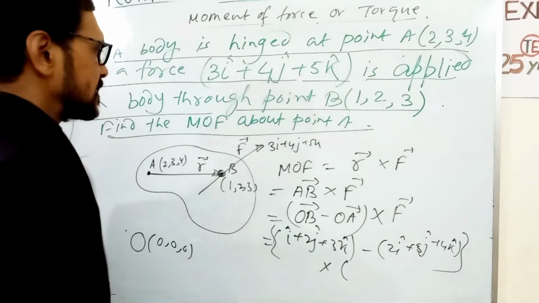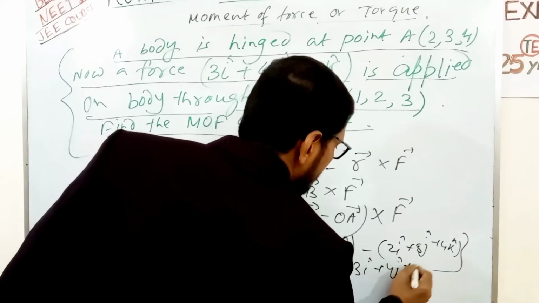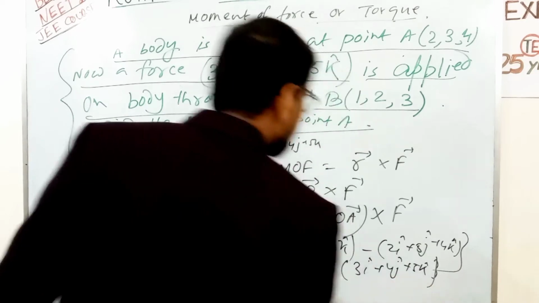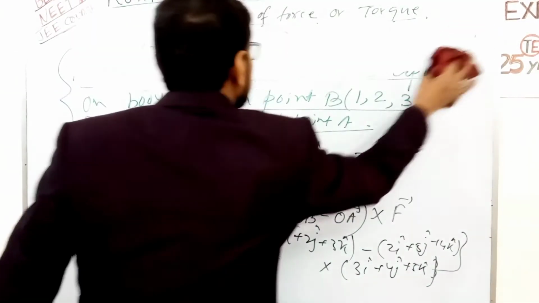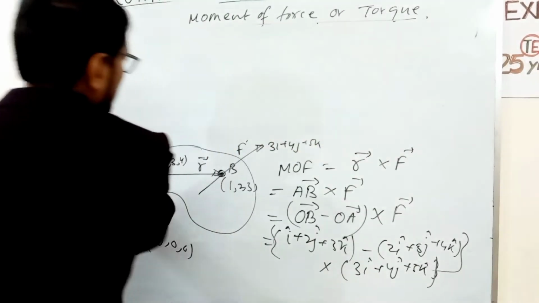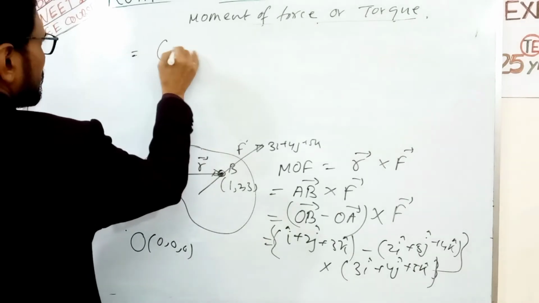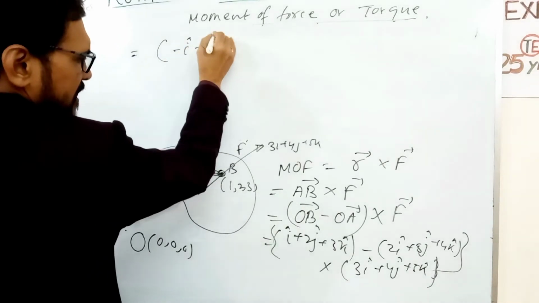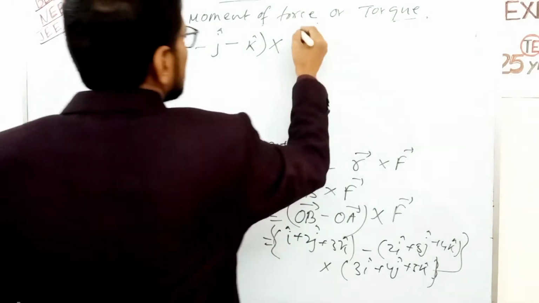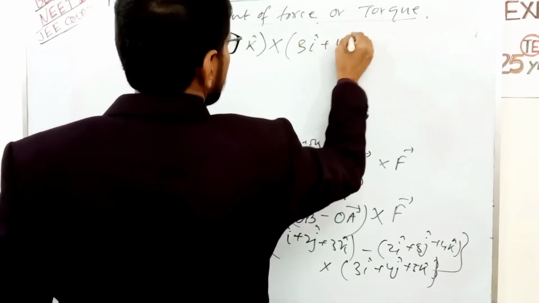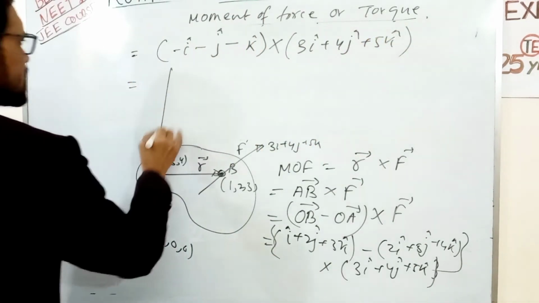What is the F vector? F is this vector. So OB minus OA equals minus i minus j minus k, cross 3i plus 4j plus 5k. Now what is the result of this?